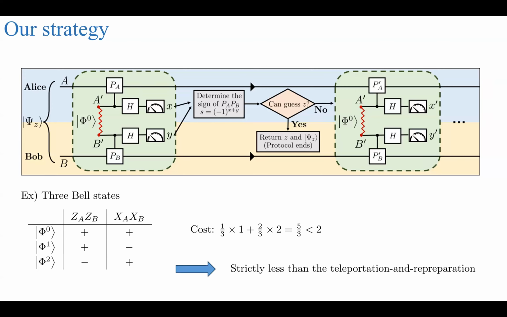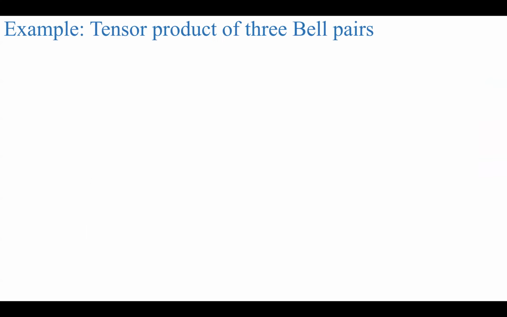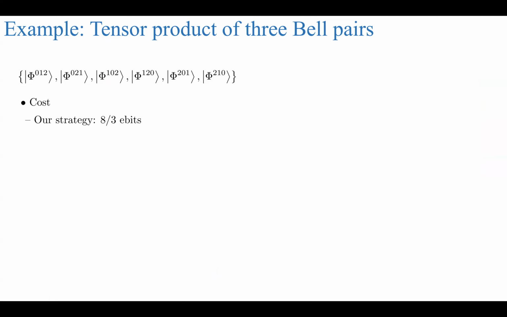Okay, so that is how ours differs from the conventional one, and we can extend to more general cases where the protocol tests several pairs. In this example, we consider 6 of 3 pairs.